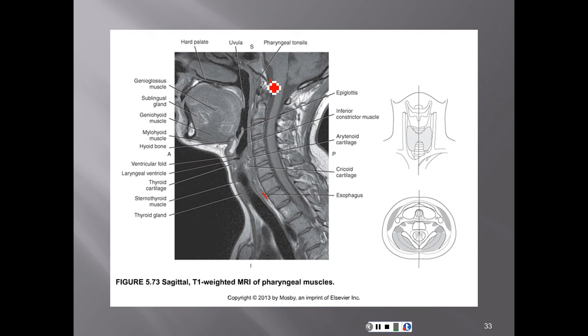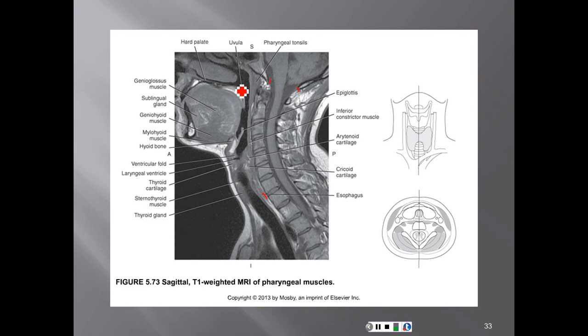Foramen magnum, the medulla, spinal cord, cerebellar tonsils, pons, nasopharynx, pharyngeal tonsils. This is your hard palate.